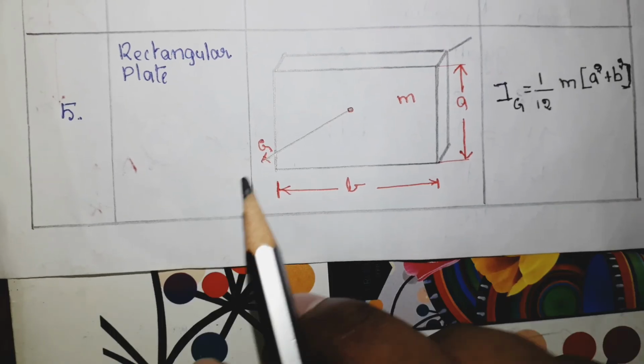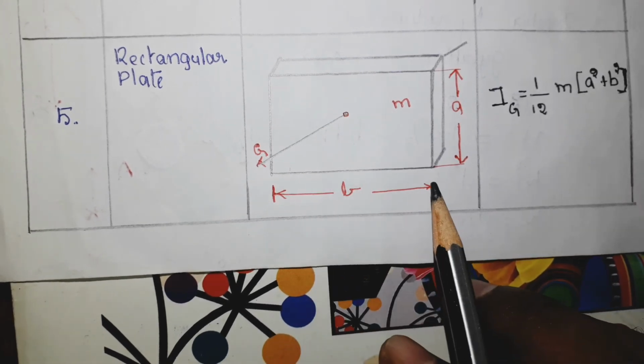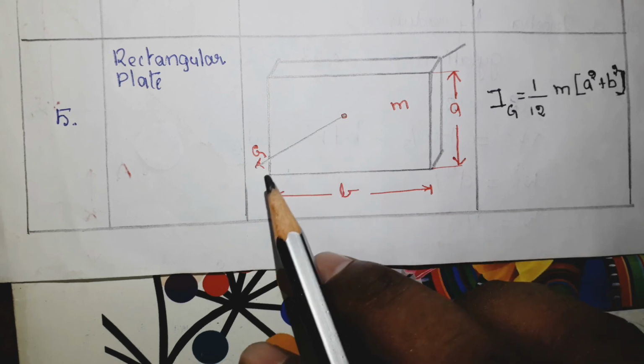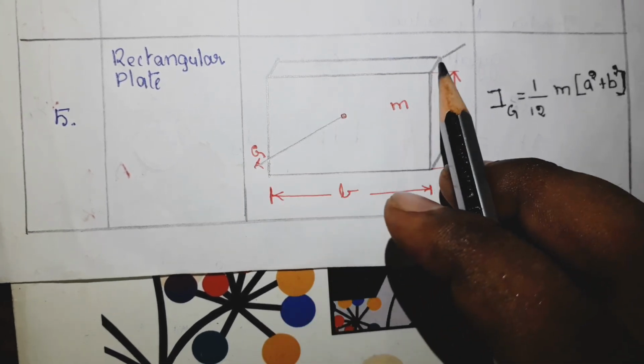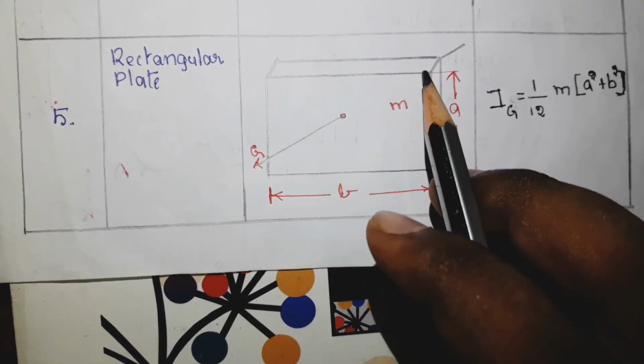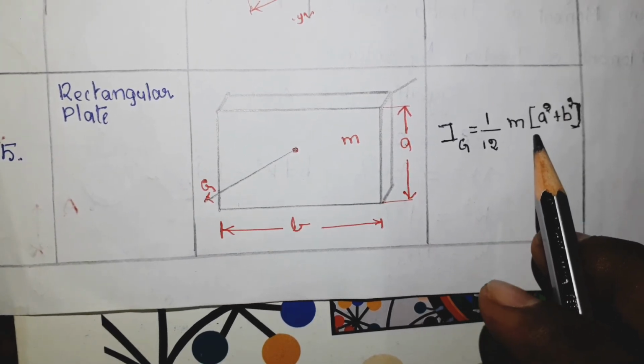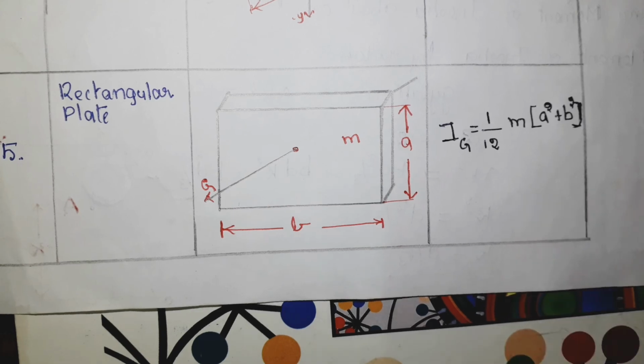Now the last one is the rectangular plate. Here the width is equal to b and height is equal to a. This is the center of gravity, and now the moment of inertia through this axis is equal to 1 by 12 m in square bracket a square plus b square.